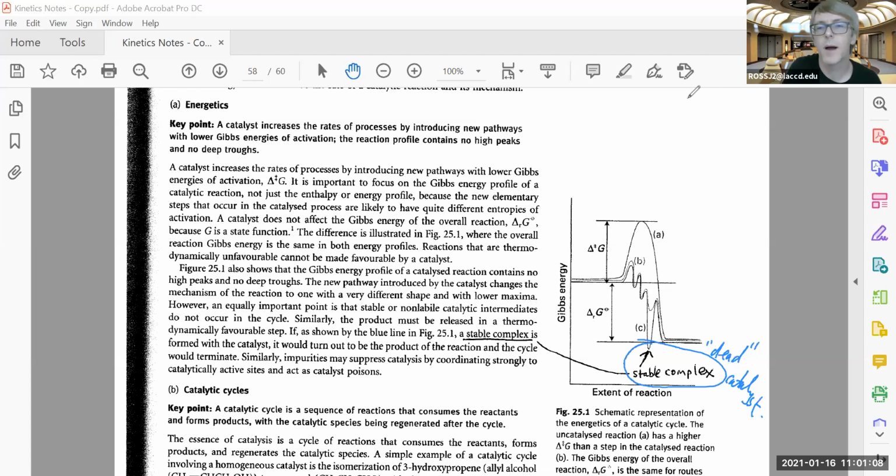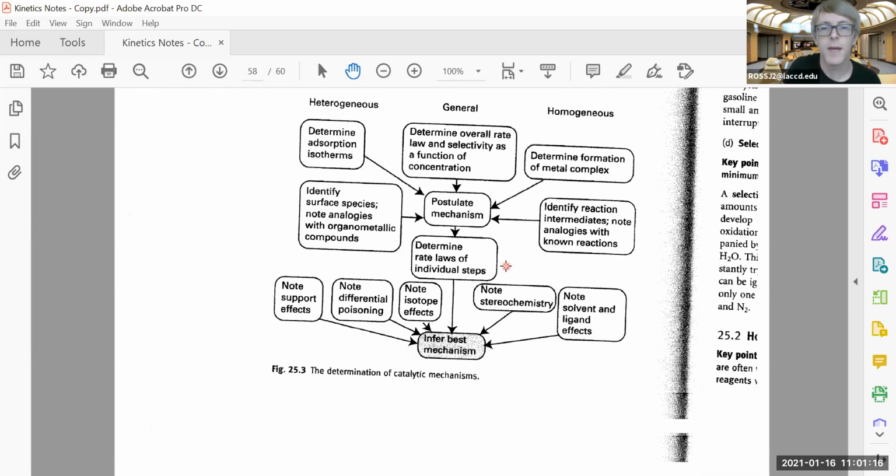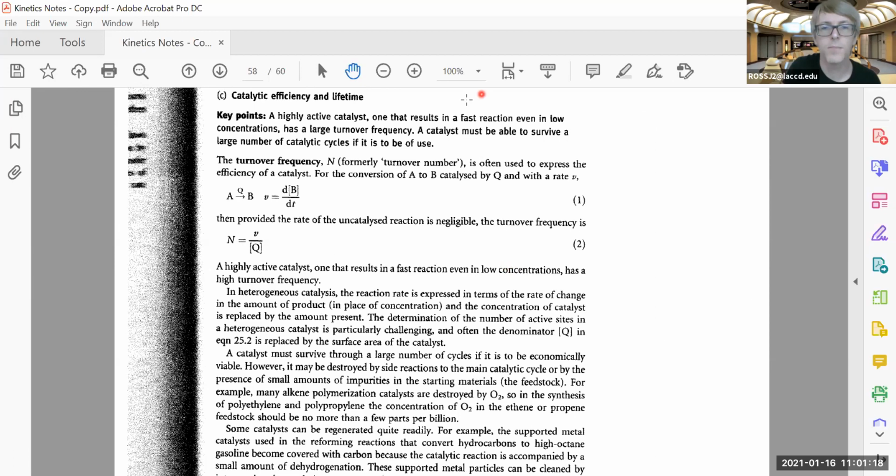Also, I want to point out one more feature in this video, and that is the turnover frequency. Obviously, a catalyst works at a substoichiometric quantity. Here they've called the catalyst Q. Let's call it Q. Why not C?